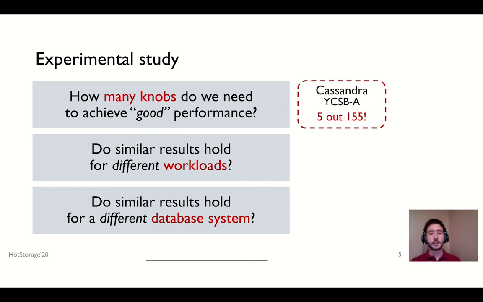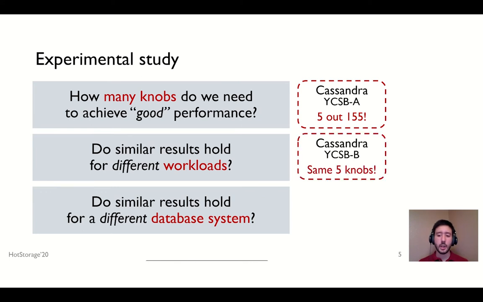And very surprisingly to us, we saw that for Cassandra and a balanced workload, we only need 5 out of the 155 knobs to achieve really good performance. And also these 5 knobs are also important for a completely different workload.